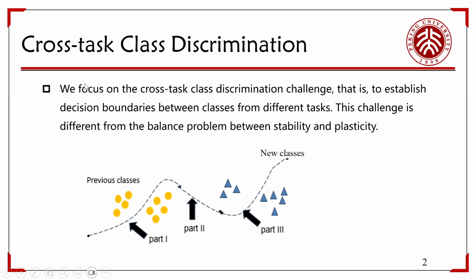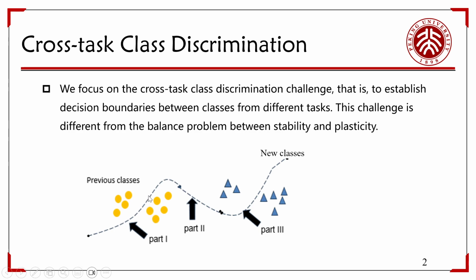Okay, let's start. We focus on the cross-task class discrimination problem. This challenge is to establish decision boundaries between classes from different tasks. That is different from the traditional continual learning challenge of balancing stability and plasticity.